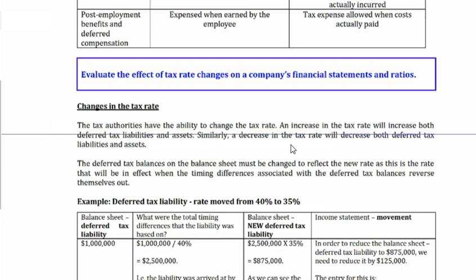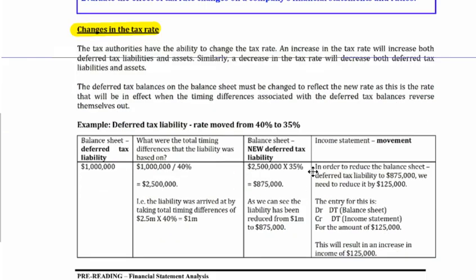Let's go over here. Okay, what we do now is what happens if there is a change in the tax rate. In other words, and let's just look at it by example, the tax rate used to be 40%, and very kindly the tax man reduced the tax rate to 35%.